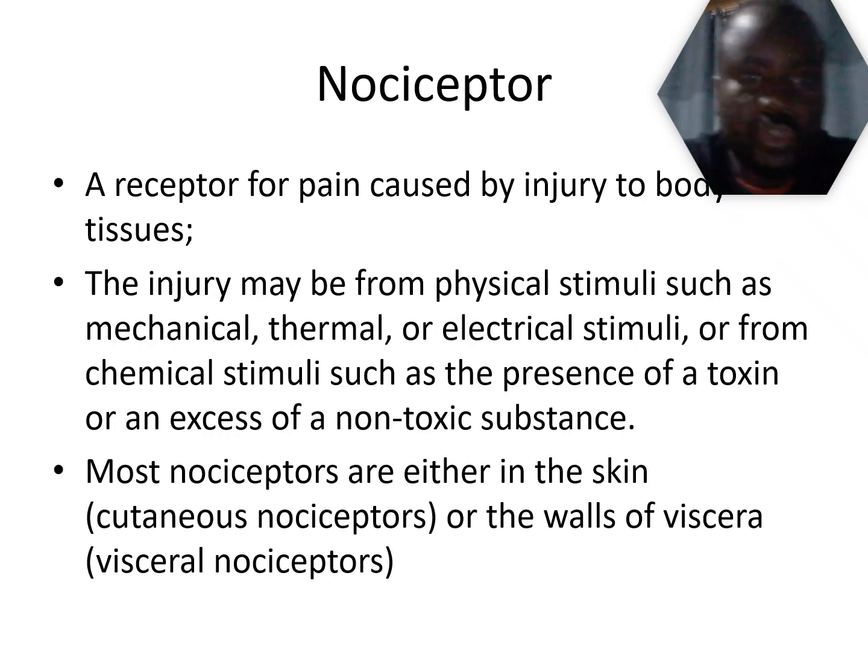Quickly, we move to a bit more concepts about pain. A receptor for pain caused by injury to the body tissues is called a nociceptor or pain receptor. The injury may be from a physical stimulus, or a chemical stimulus, or temperature, or chemical changes.